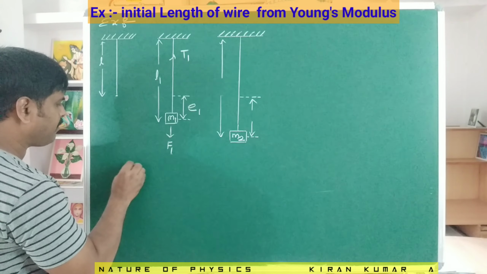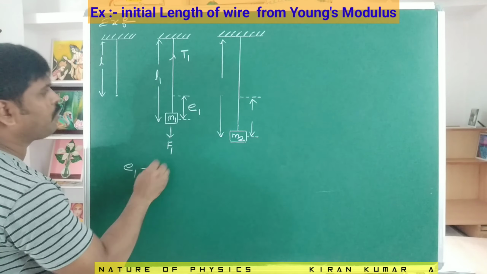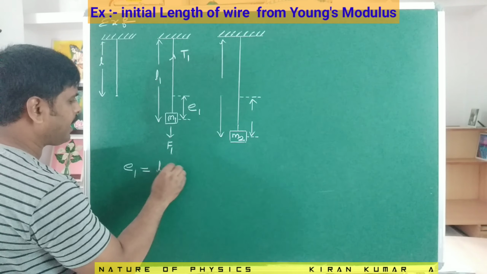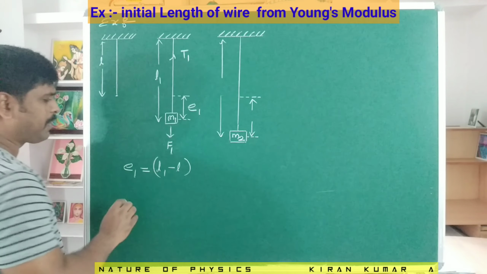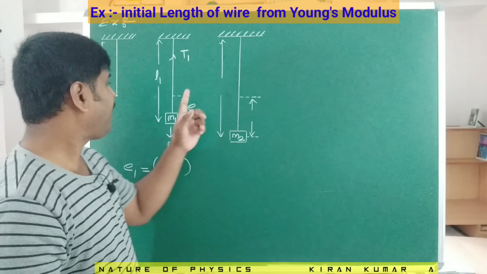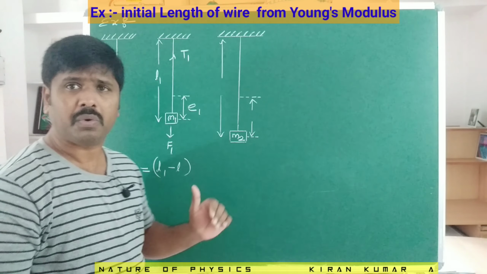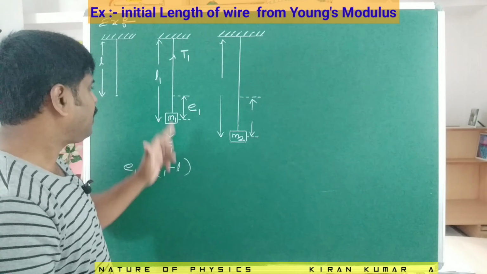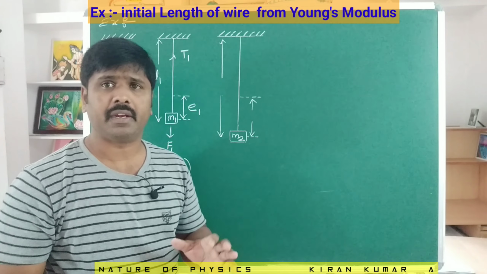What is the E1 value? E1 is equal to L1 minus L. That represents the elongation of the wire due to the tension T1, and F1 is the force acting downward. Both are equal in magnitude, opposite in direction.